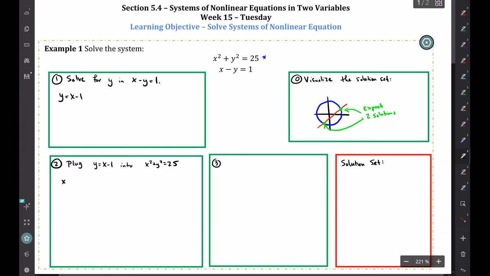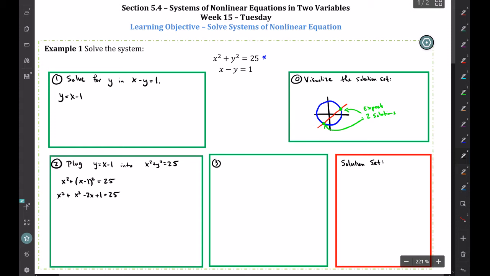So I get x squared plus x minus 1 squared equals 25. Now I'm going to FOIL the x minus 1. So I'll get x squared plus x squared minus 2x plus 1 equals 25.